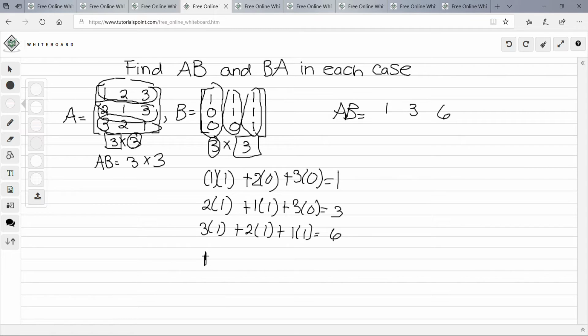So this is going to be 2 times 1 plus 1 times 0 plus 3 times 0. So that's 0, 0, that's 2. And then 2 times 1 plus 1 times 1 plus 3 times 0.